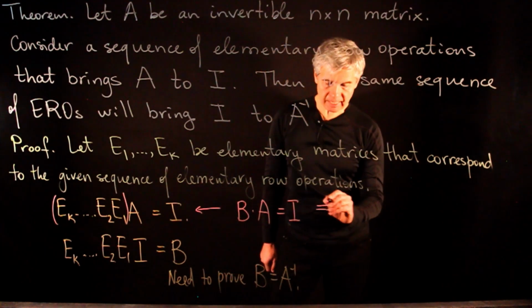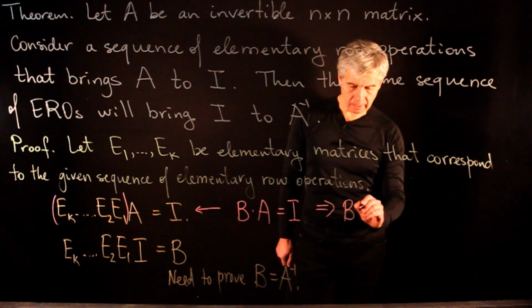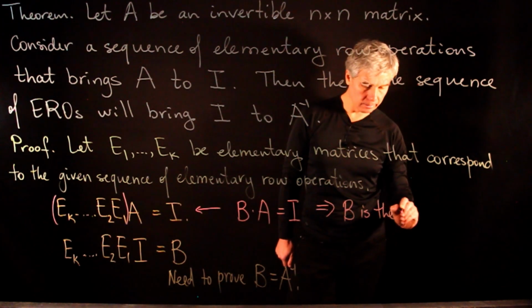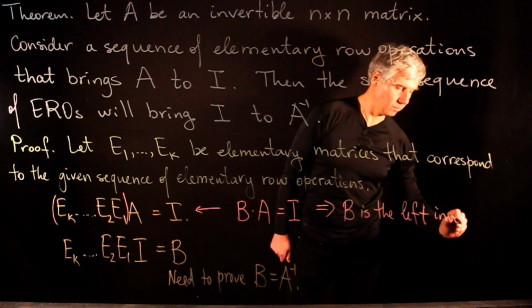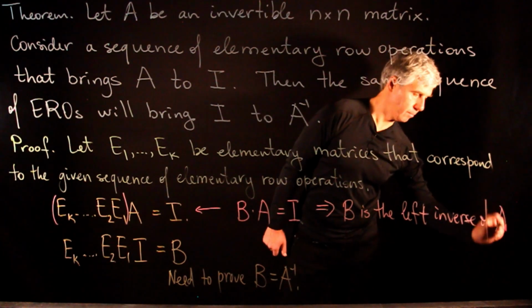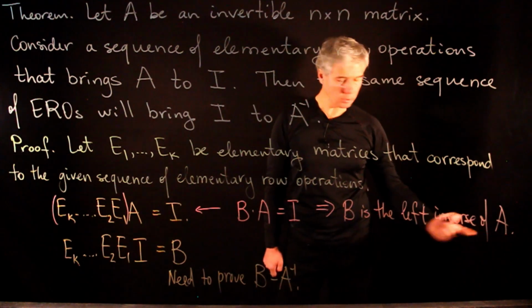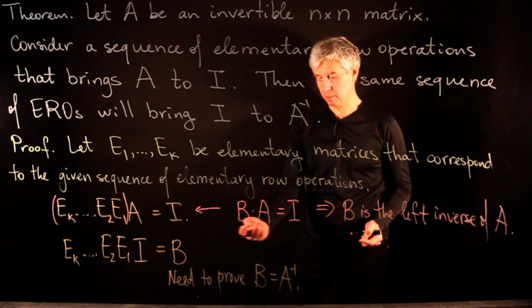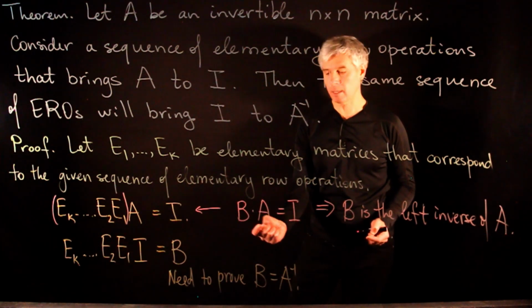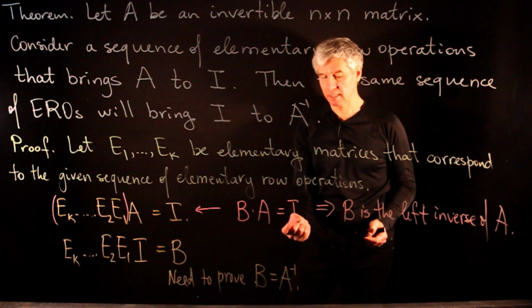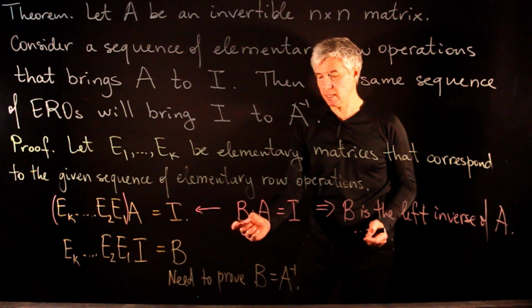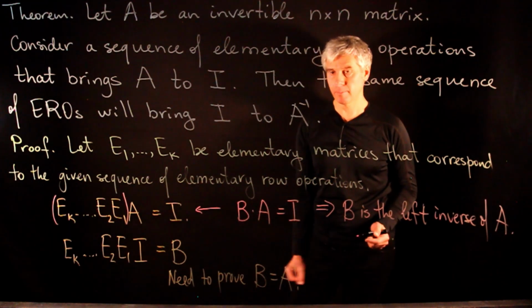But then this says that B is the left inverse of A. The definition of the left inverse is precisely this: if we multiply matrix A on the left by matrix B, and the result is identity matrix, then B is the left inverse of A.